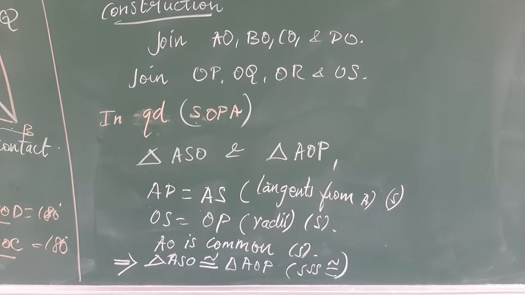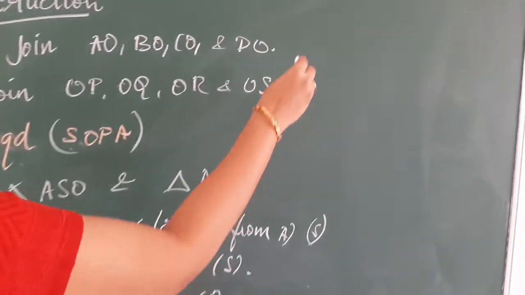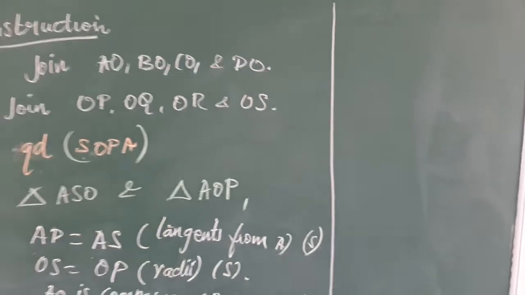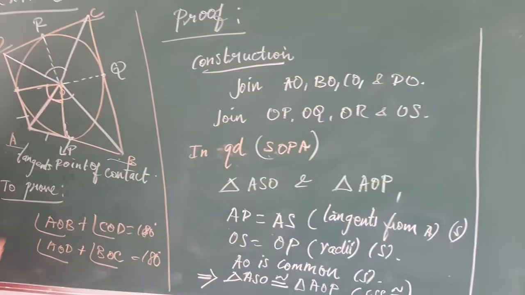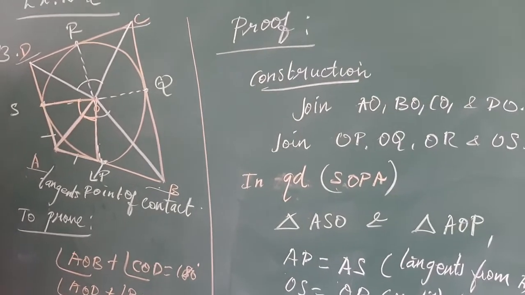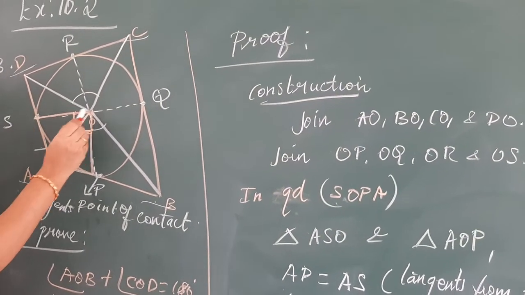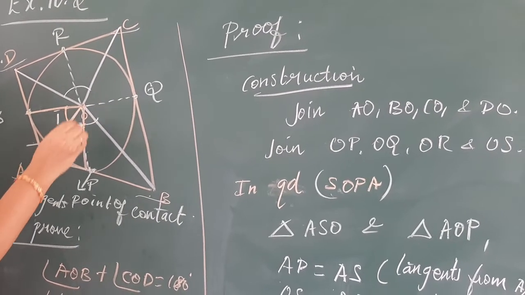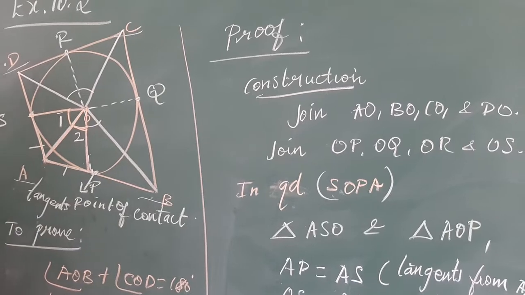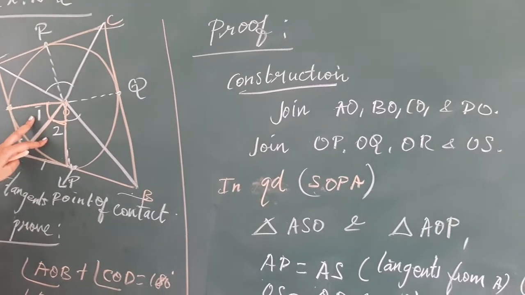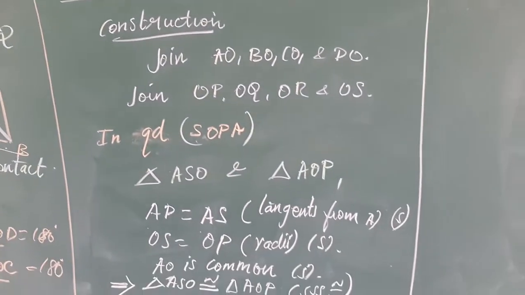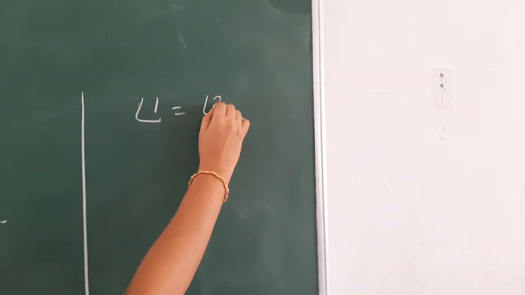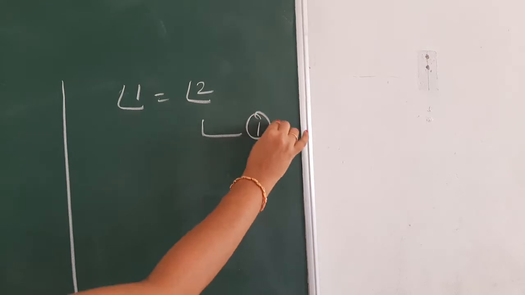Since these two triangles are congruent, what about the angles of the triangle? All the corresponding angles are also congruent by CPCT. Check your diagram. The angle SOA, which is your first angle, and the angle AOP are corresponding angles, and these two angles are also equal. Now from the proof we conclude that angle 1 is equal to angle 2. Let it be your equation 1.